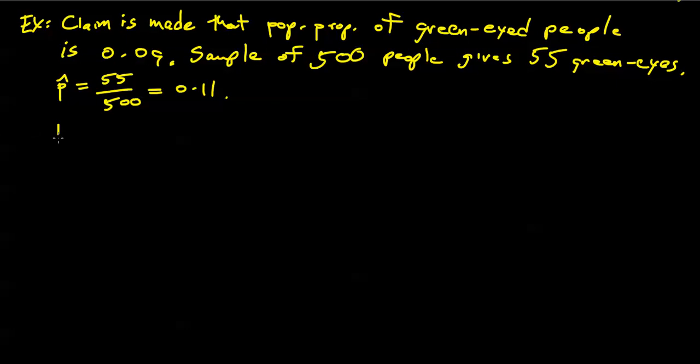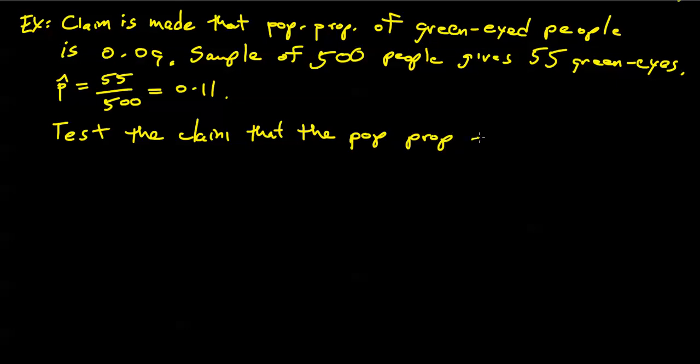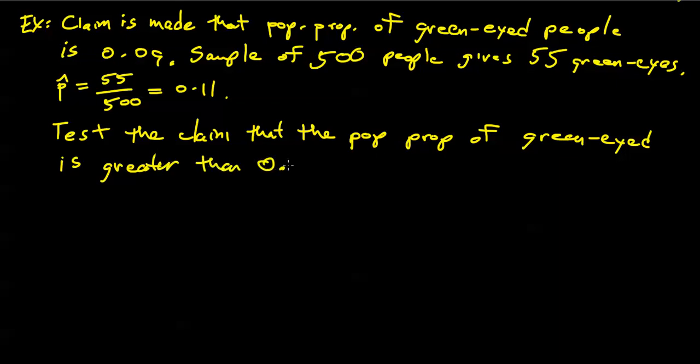Alright, so what we're going to do is test the claim. Test hypotheses, test claims. Test the claim that the population proportion of green-eyed people is greater than the original claim of 0.09.